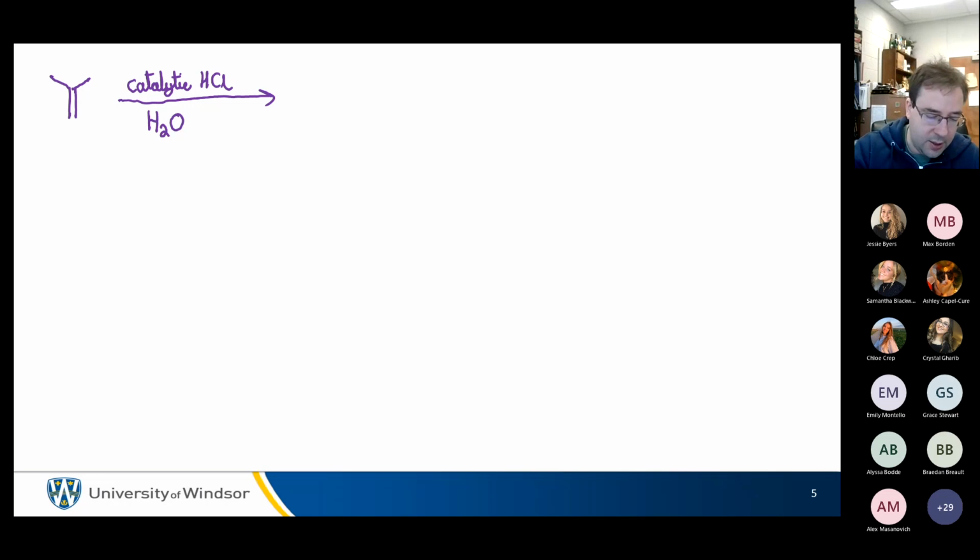So this is equivalent to writing H+ in water. The Cl thingy is just a red herring. If I say one equivalent of HCl, and we're going to see that next class, that's something different, but I'm not. I'm saying there's a catalytic amount. Okay.